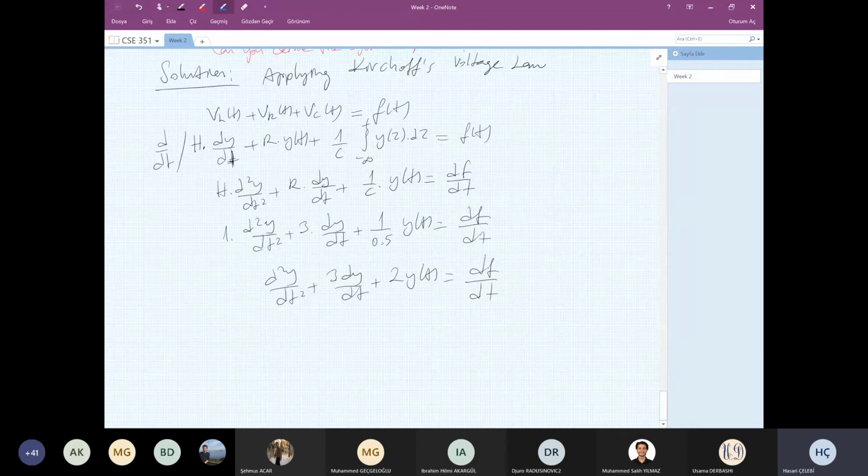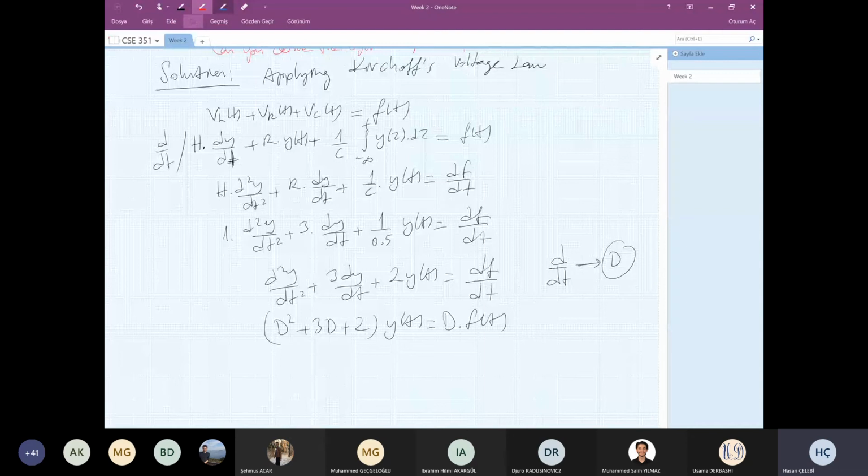So I can write this d over dt, in our course, as a linear operator which we call D. So it's something like D square plus 3D plus 2, times y of t, equal to D times f of t.